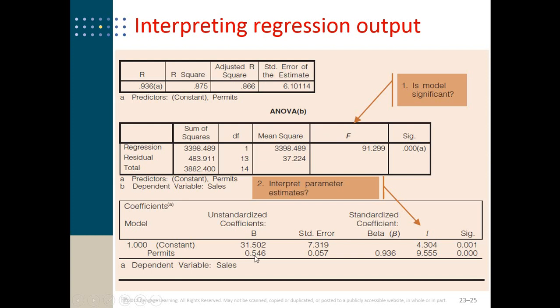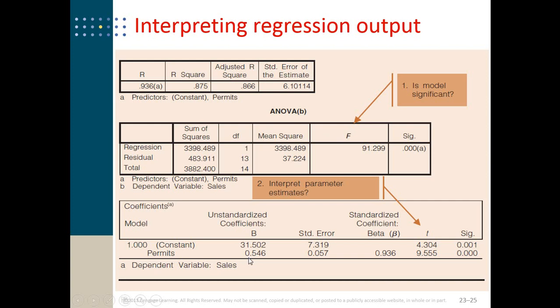It has a positive coefficient, 0.546. A positive coefficient indicates that there is a positive relationship between number of building permits and dealer sales volume. So we can say that an increase in number of building permits will increase dealer sales volume since there is a positive relationship. Okay. What's the other interpretation?